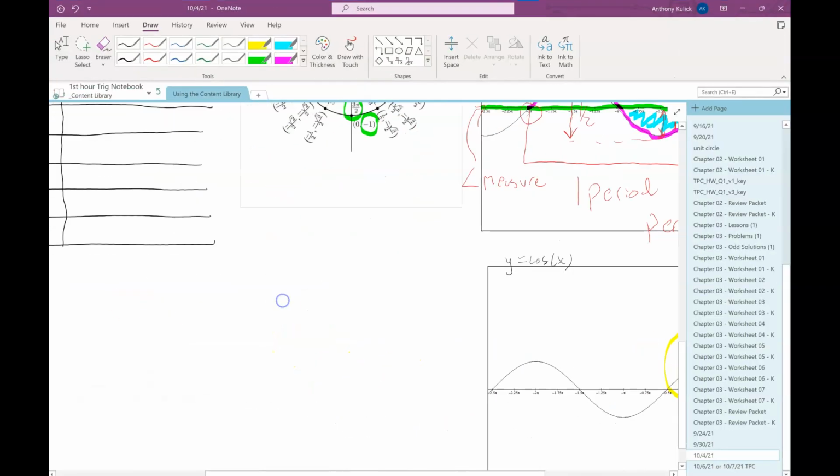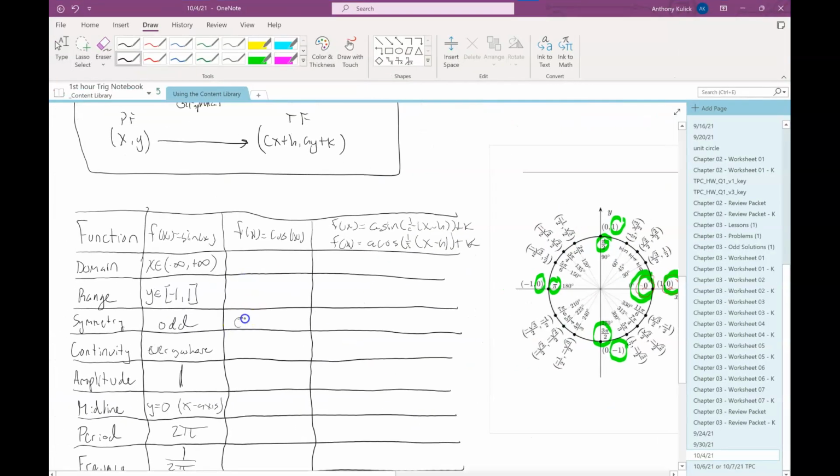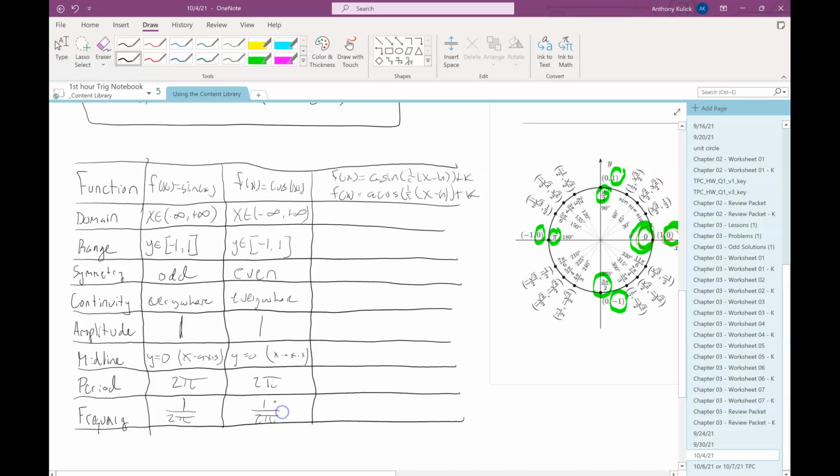But everything else is going to be the same as sine. Okay with that idea?